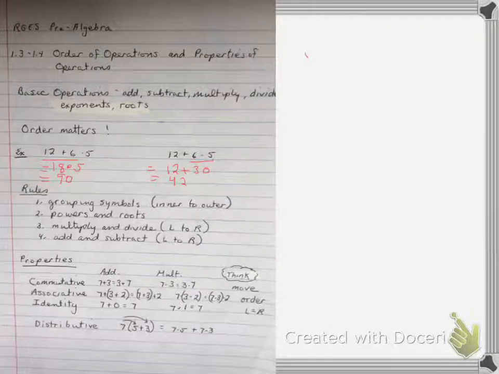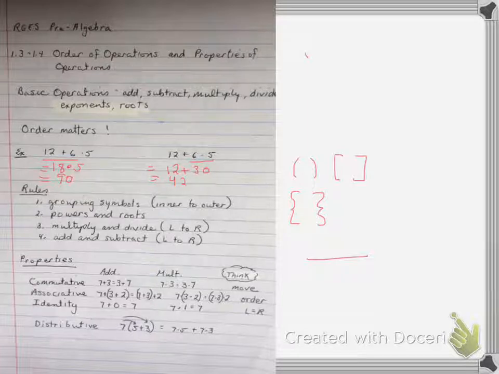First, you do grouping symbols from the inner to the outer. Examples of grouping symbols would be parentheses. Sometimes you'll see brackets. Sometimes you'll see braces. And the one you might not think about is a division sign.